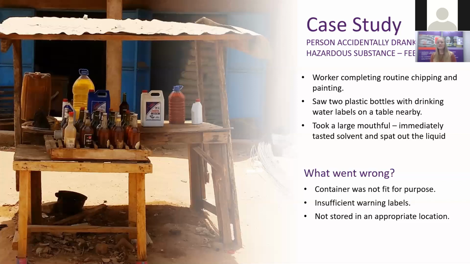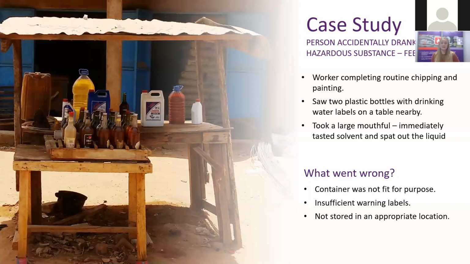First of all, the container was not fit for purpose. The chemicals have been decanted into the incorrect storage. Hazardous substances should never be stored in food or drink containers. I've said that before, you're probably getting sick of me saying that, but it's an absolute. Even if there are labels on top of the container, people get confused if it's in a food and drink container and might consume it.